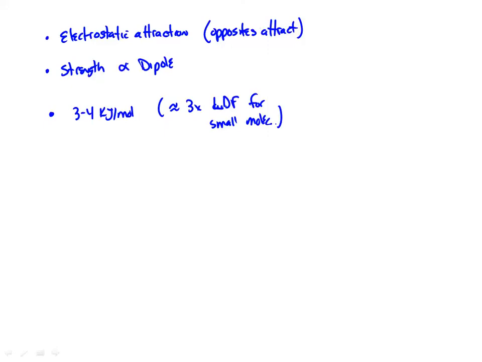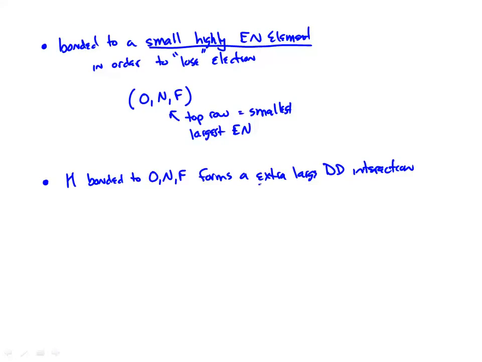And then hydrogen bonding, in comparison, really is extra strong: it's between 10 and 40 kilojoules per mole. So it's about 3 to 10 times stronger than a dipole-dipole.